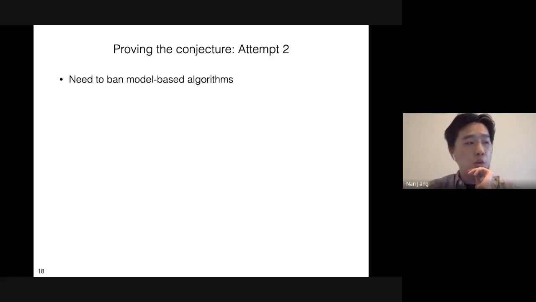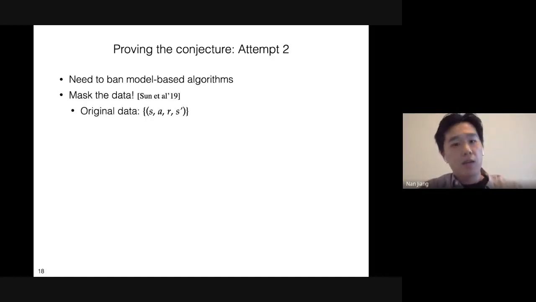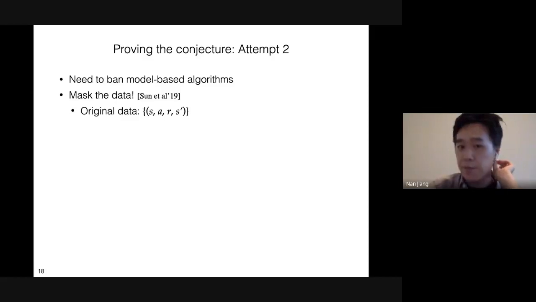So what can be one such mechanism? It turns out there's one mechanism that we have used before. It's also hinted in the new edition of the Sutton and Barto textbook. That is, you mask your data.